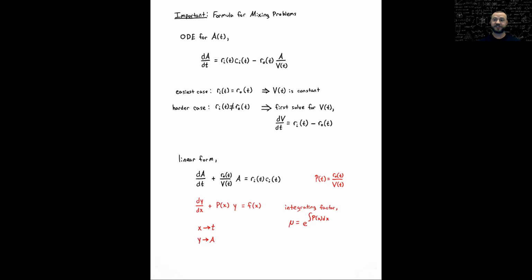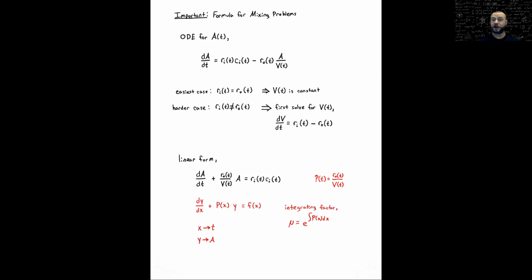All right, so if we just add the one term from above to the left side, it's easily expressed in linear form. Our function is A, the derivative term is dA over dt. Now recall, whatever's multiplying your function term, whatever's multiplying y in linear form, that's what we call and denote as p of x, which we need for our integrating factor.